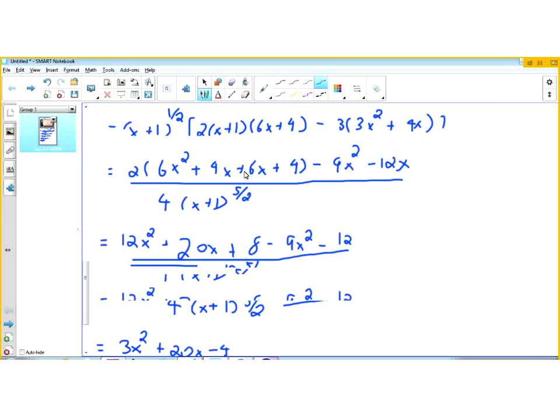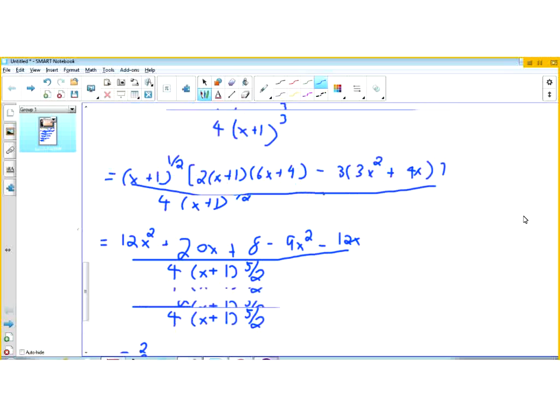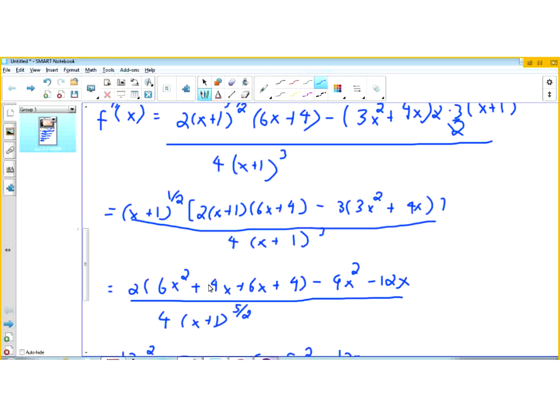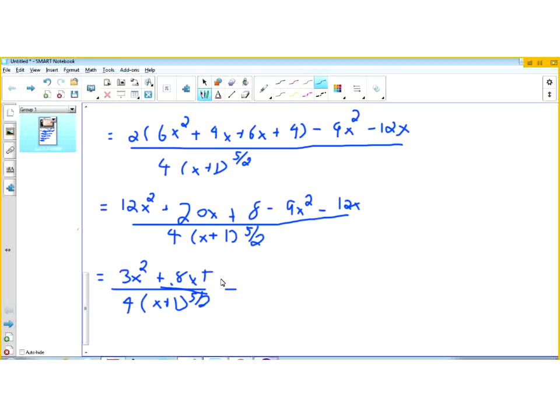Oh, that's 20x. I forgot the x there. 20x minus 12x, sorry. Yeah, so now we get what they got. That would be 8x plus 8. They got a plus 8. Okay, yeah, so we agree. So we got the second derivative.